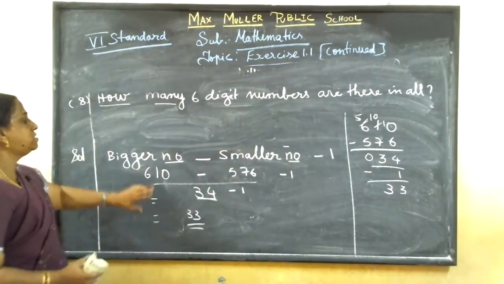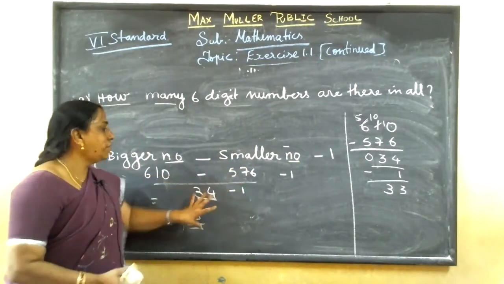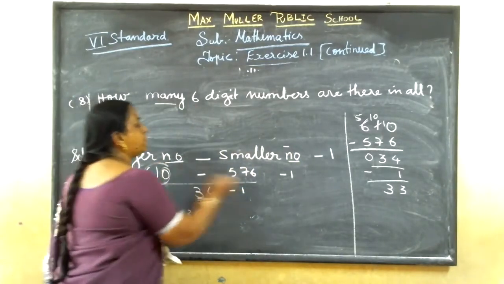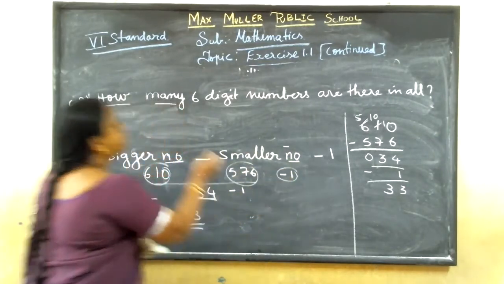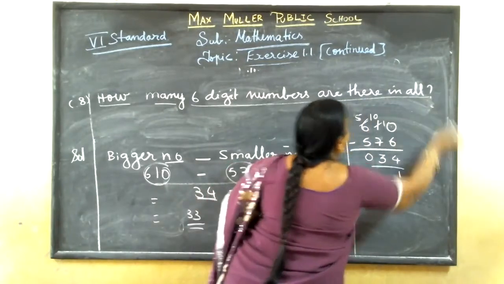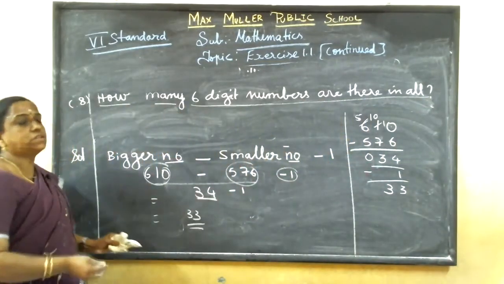Here they gave 2 numbers, then they asked how many numbers are there in between. So you should do bigger number minus smaller number, minus 1. But in this question, how many 6-digit numbers are there in all? Totally how many 6-digit numbers are there?